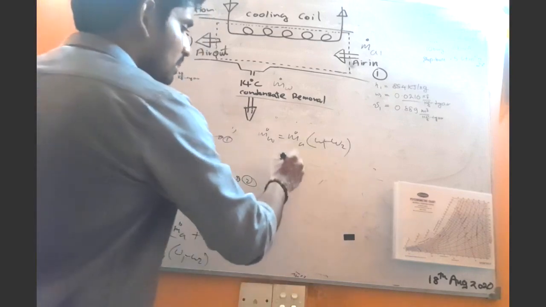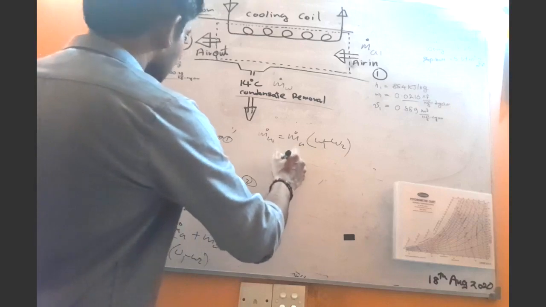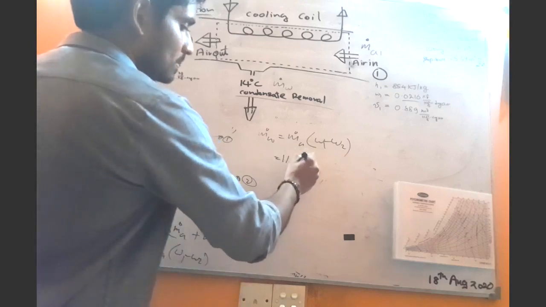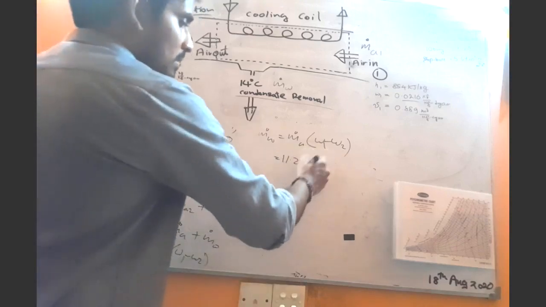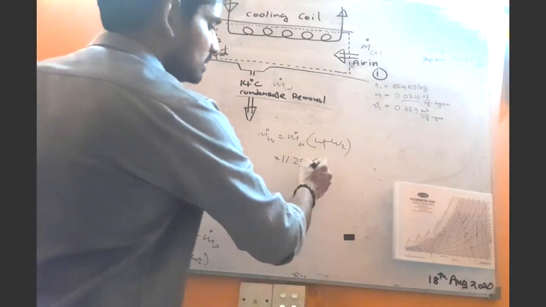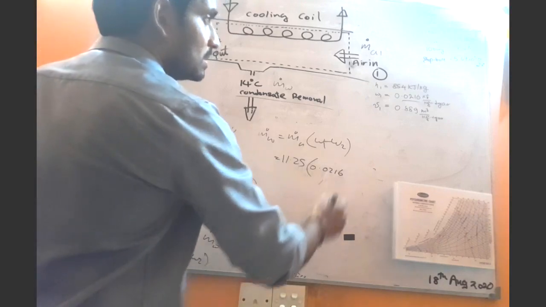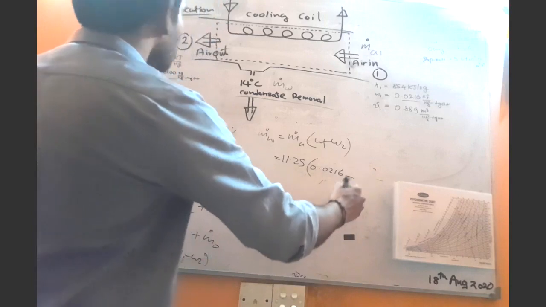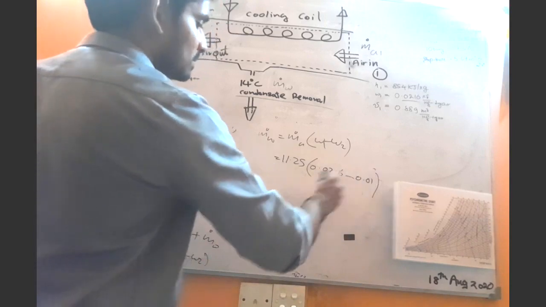What is ma dot? 11.25, times omega 1 is 0.0216 minus 0.01.